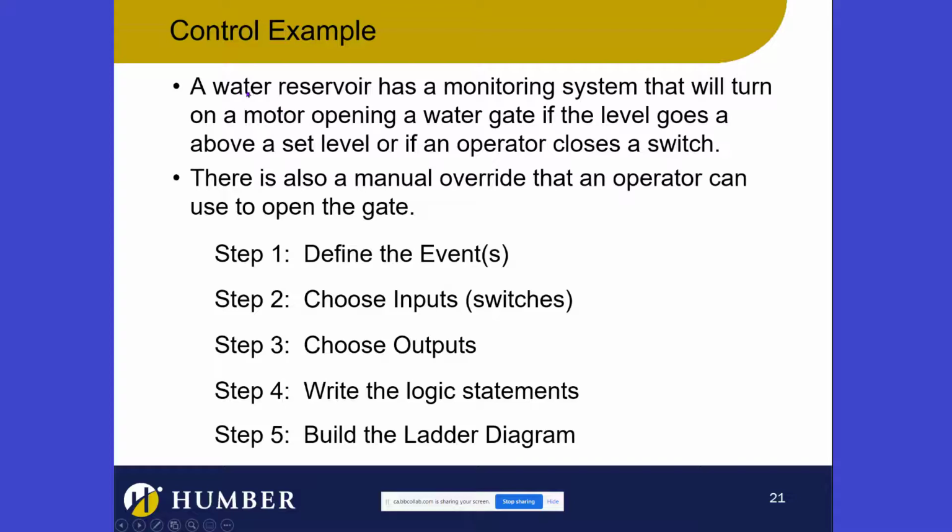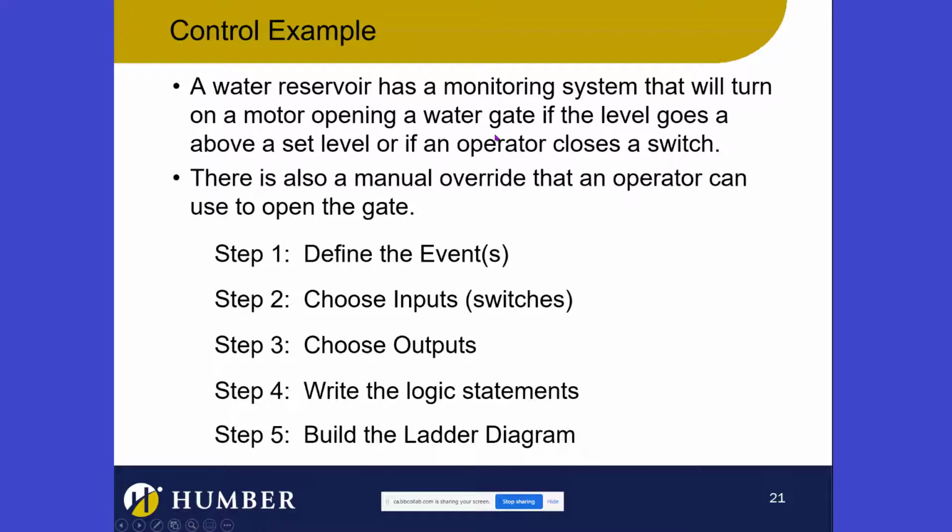So, okay, the water reservoir has a monitoring system that will turn on a motor, and if is the other most important word. If the level goes above a set level, or if an operator closes a switch, then the motor comes on.